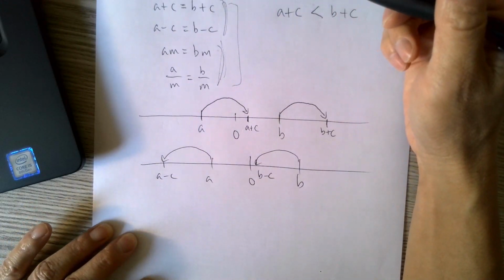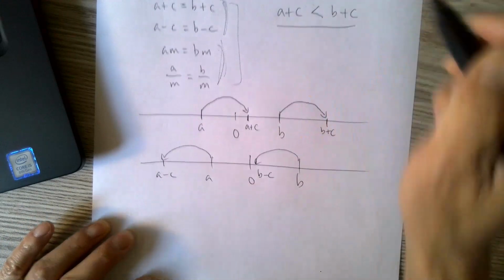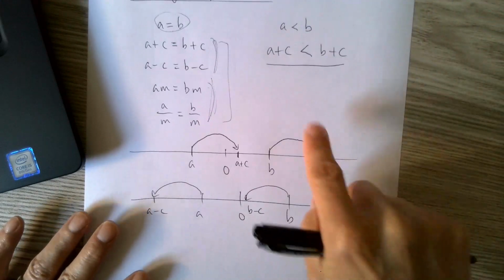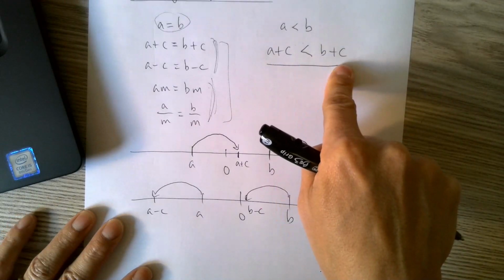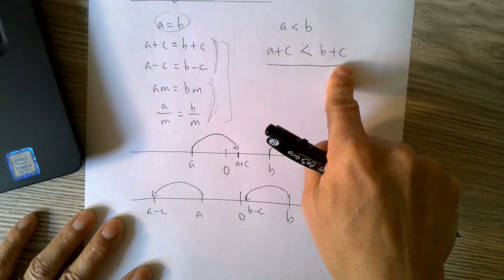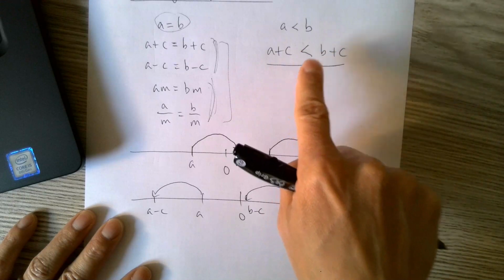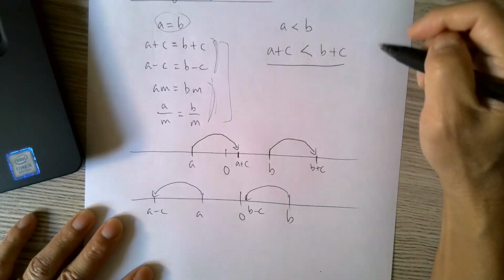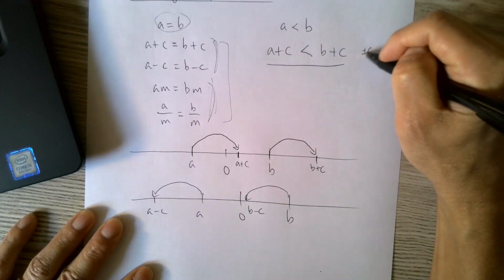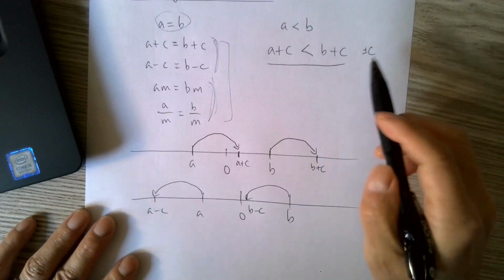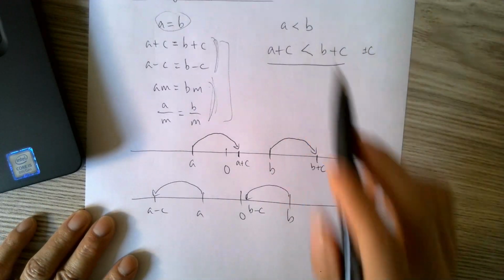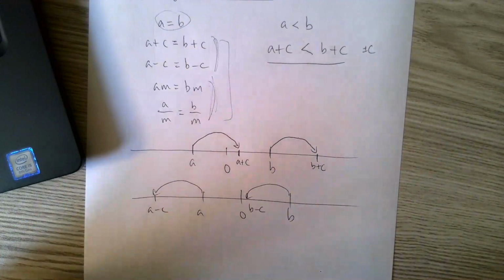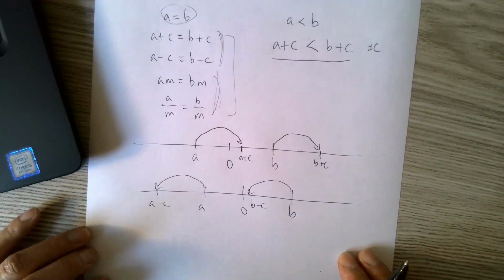So again, I'll underline this because if you add a negative number to both sides, if C is negative, same thing as subtracting, then the inequality is preserved. So it doesn't matter if C is positive or negative. If you add it to both sides, the inequality is preserved. So nothing weird happens yet.